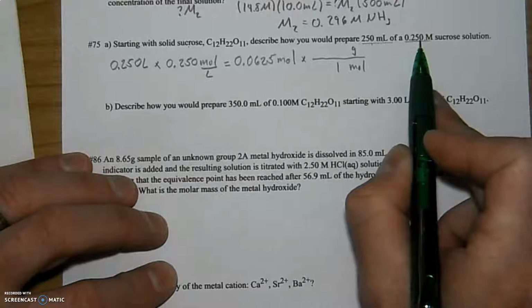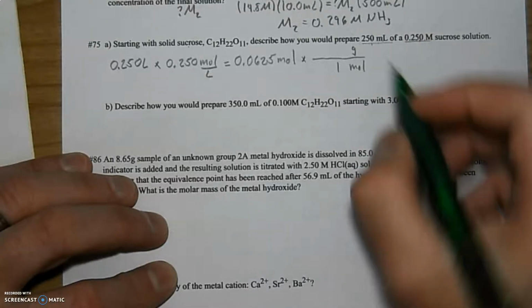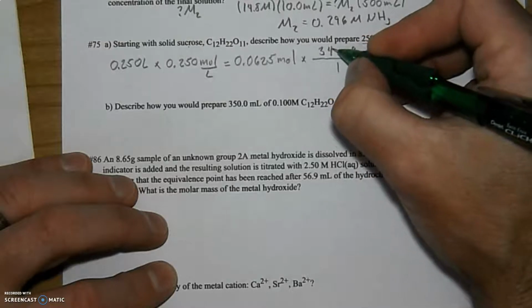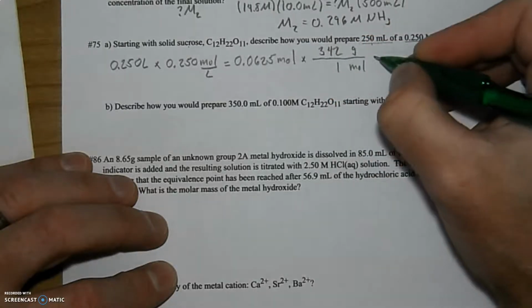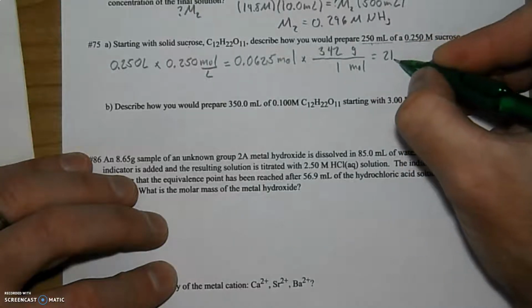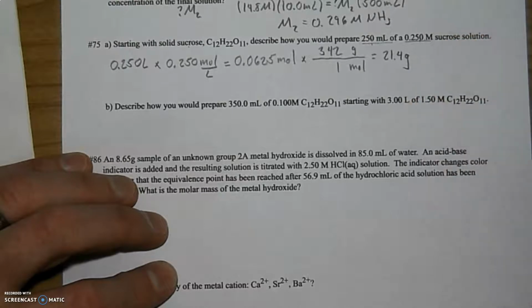That's exactly how to work. So the molar mass of sucrose, we talked about this before, happens to be 342 grams per mole. If I do this little calculation, I get 21.4 grams of sucrose for a final answer.